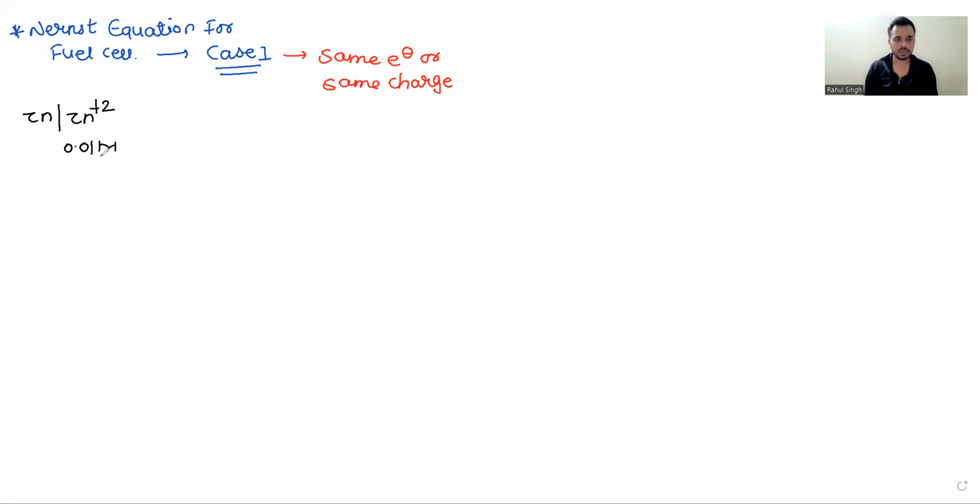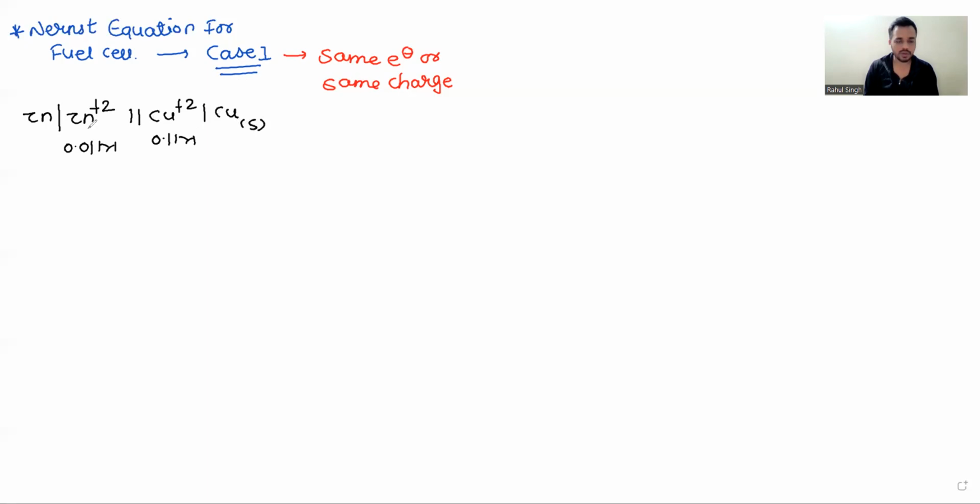Now it is 0.01 molar, so it will be a non-standard condition. And here we represent this part as Cu2+ and copper electrode, and here the concentration should be written 0.1 molar.